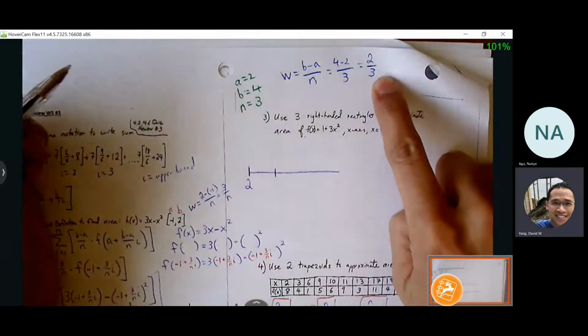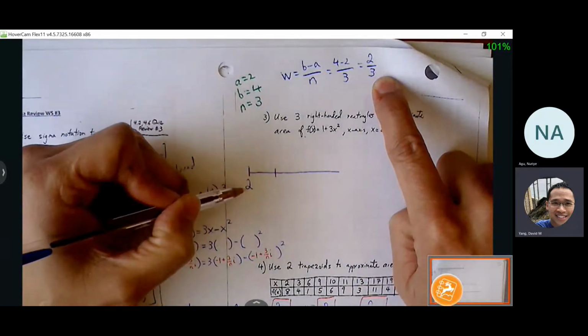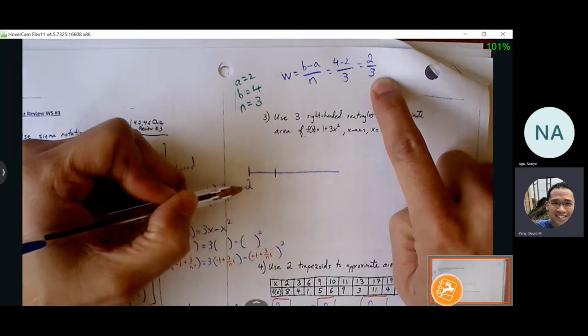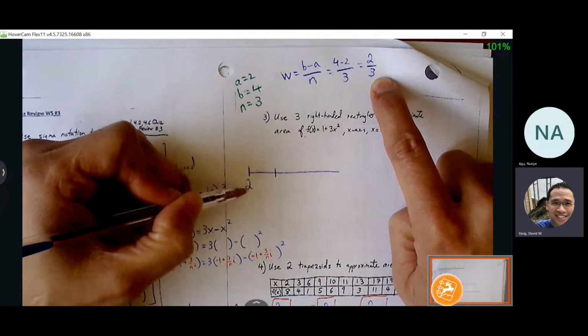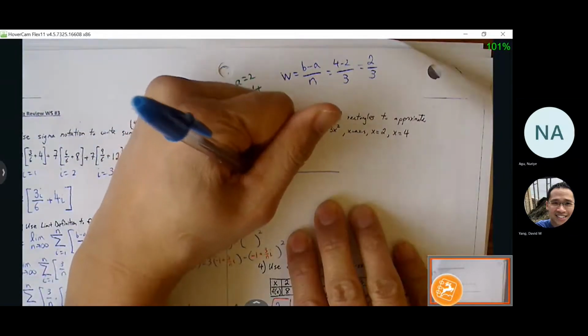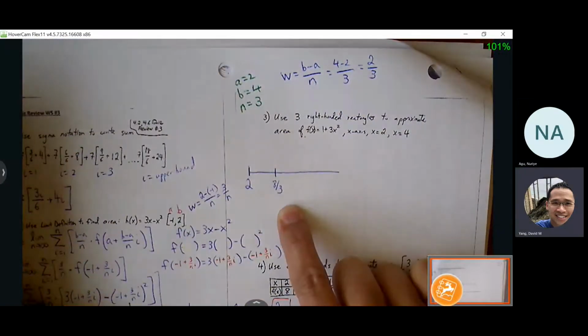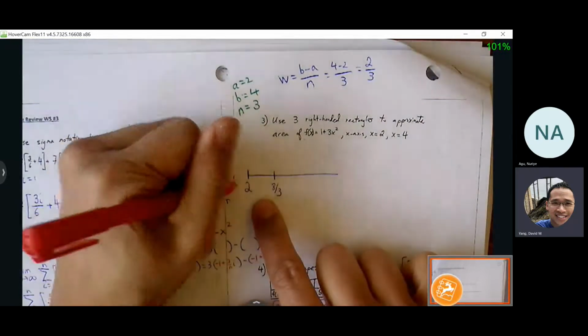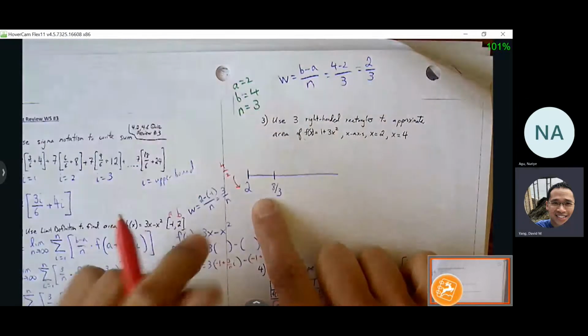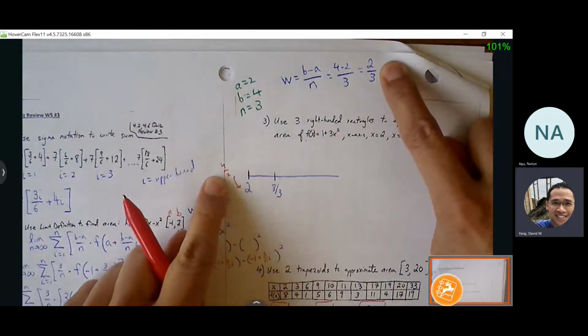So 2 plus 2/3, that's 6 over 3 plus 2 over 3. 8/3, right? You've got to find a common denominator, because if you think of 2 as 6 over 3, you can see that we're adding 2 fractions together.